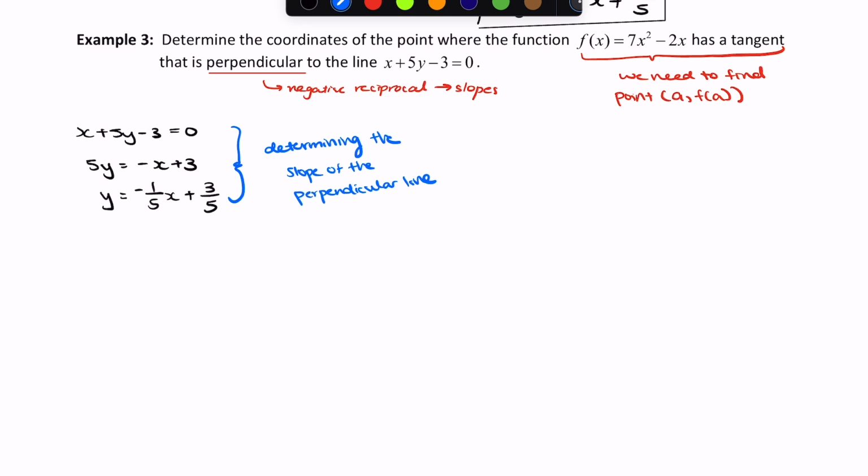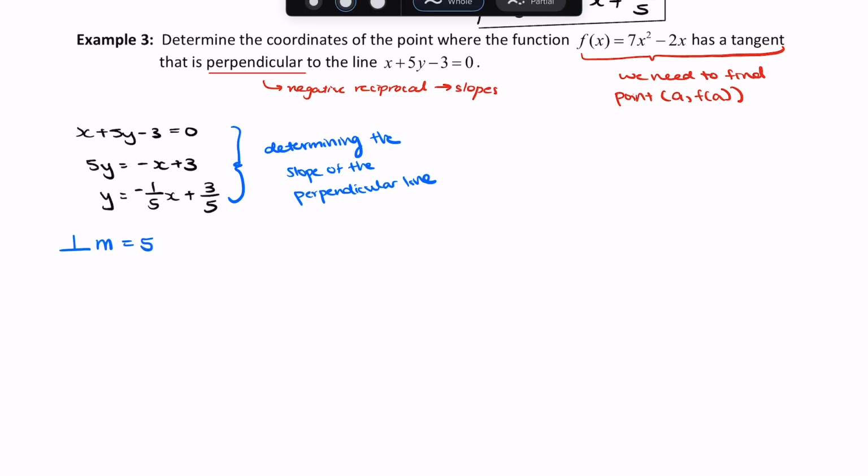Okay, and if we know that the slope of this line is -1 over 5, the perpendicular slope is equal to 5, because it's the negative reciprocal.